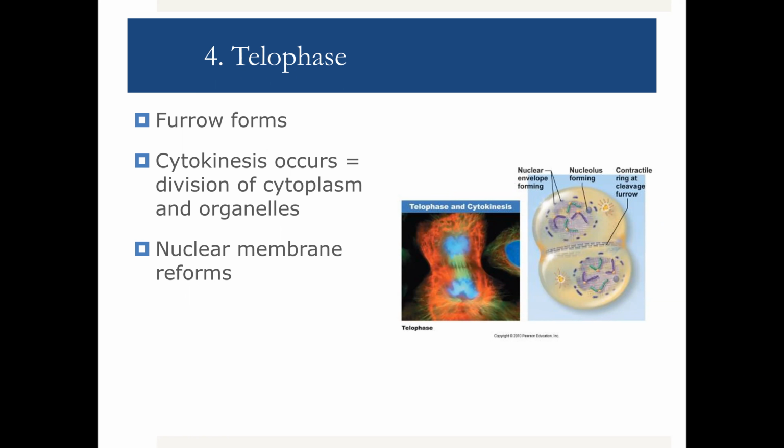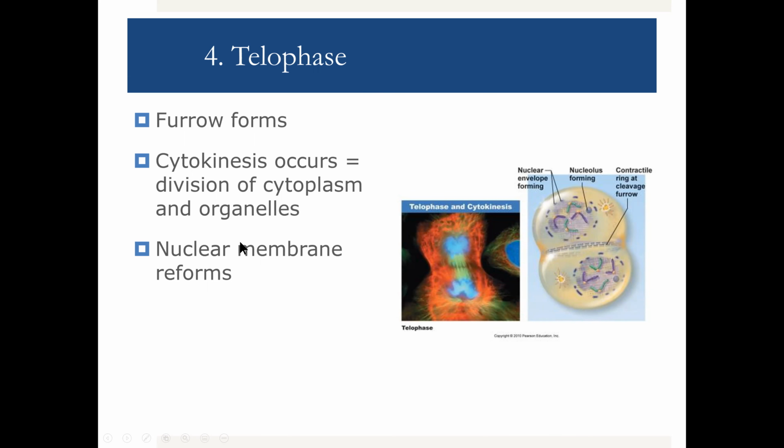The actual term for cell division is called cytokinesis. The mitotic phase actually describes the nucleus, and technically cytokinesis describes the division of the cytoplasm and organelles. But I would say 99% of the time you see telophase talking about where the furrow forms and the cell starting to divide, and they don't use the term cytokinesis.